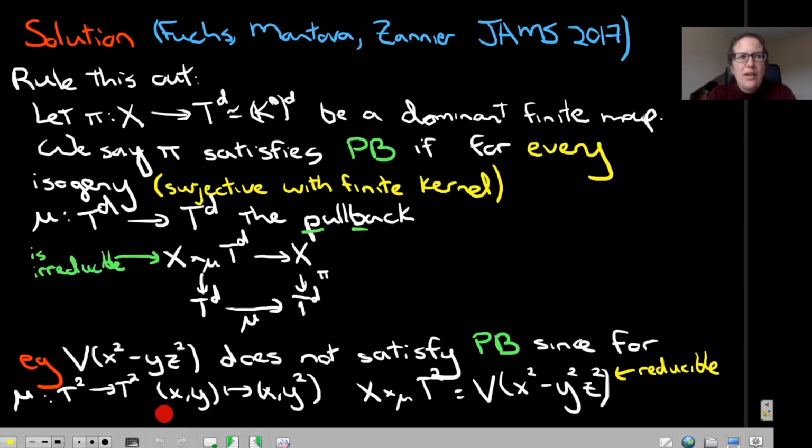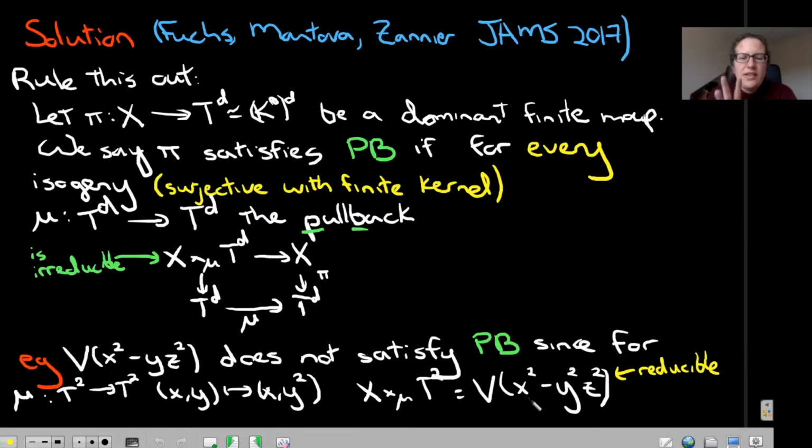Why? Because if I take the isogeny x comma y goes to x comma y squared, in the pullback we can just substitute y squared for y, and we again get x squared minus y squared z squared. Again, we've got this difference of two squares, and we know it's going to be reducible.